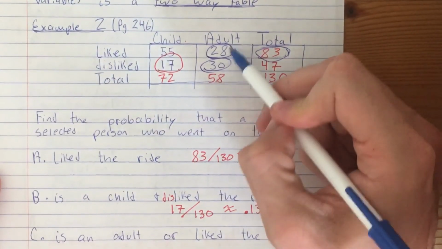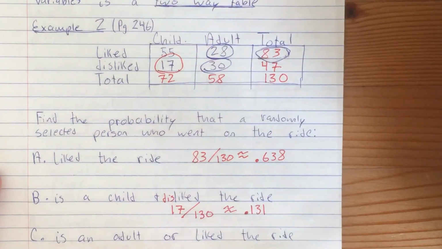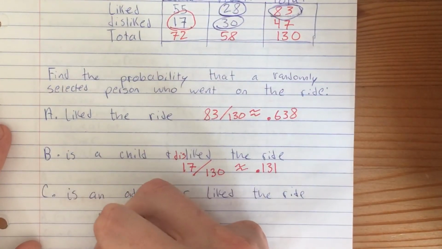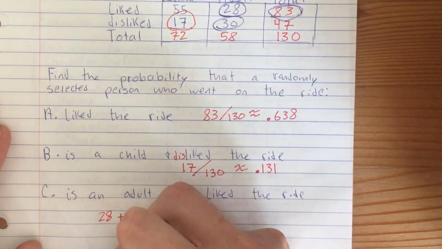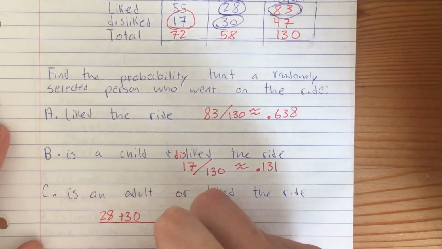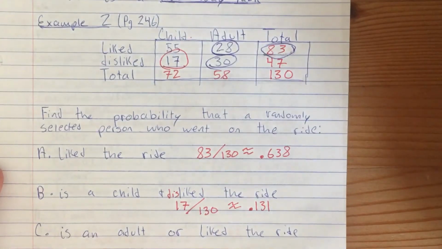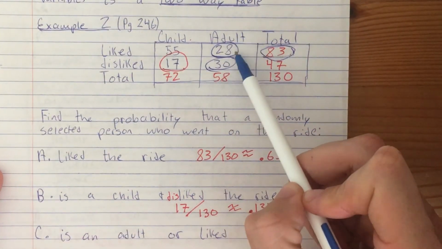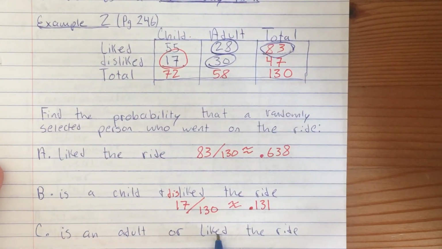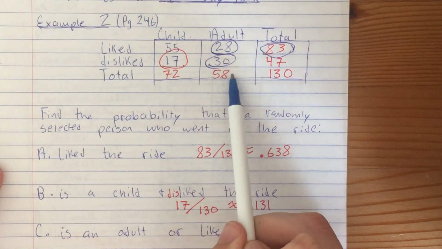That includes all of the adults. So the numerator here is going to be 28 plus 30. Denominator, we're still working with 130. But we have to ask ourselves, have we included everyone who is an adult or liked the ride with that 28 and 30?